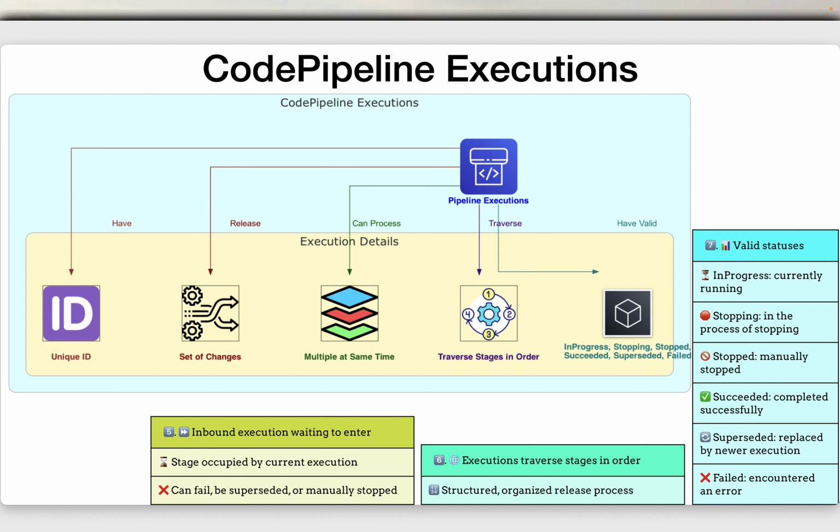AWS CodePipeline executions can have various statuses, including in progress, which is currently running, stopping, which is in the process of stopping, stopped, which is manually stopped, succeeded, which is completed successfully, superseded, which is replaced by a newer execution, and lastly failed, which is for encountered an error.